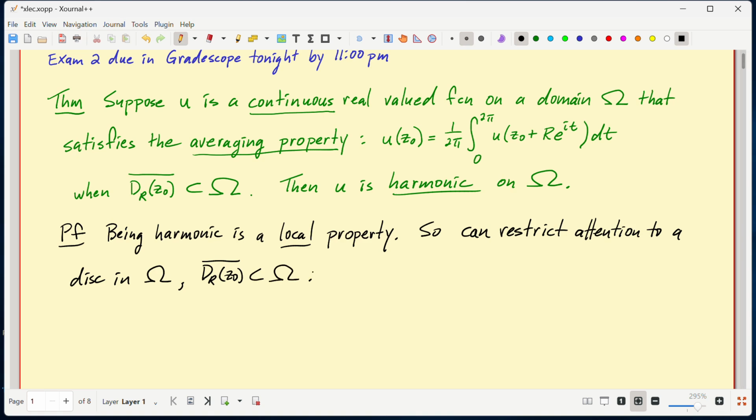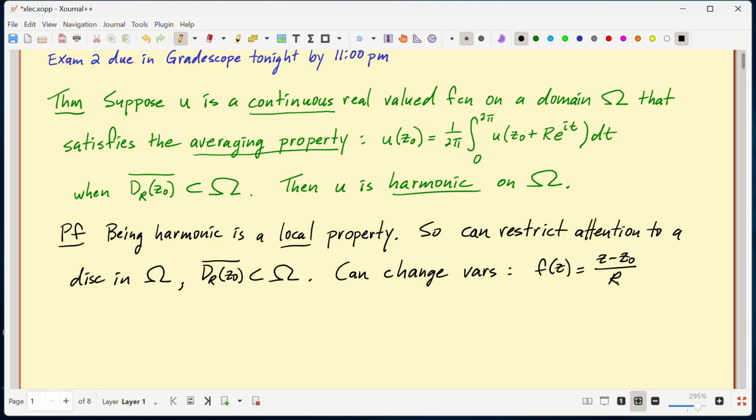So I have a function that's continuous up to the boundary and satisfies the averaging property inside that disk. And now I can do a change of variables to move that disk to the unit disk. So I do f of z equals z minus z naught, which would move z naught to the origin, and dividing by r would make it the unit disk.